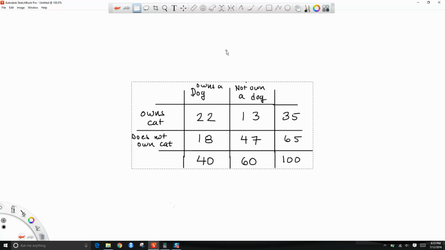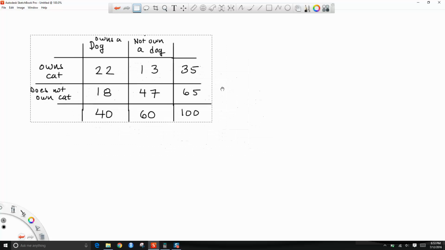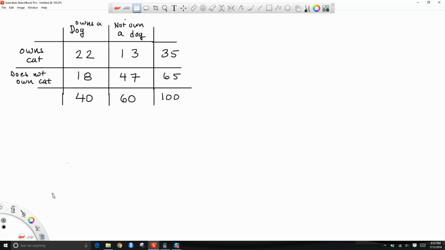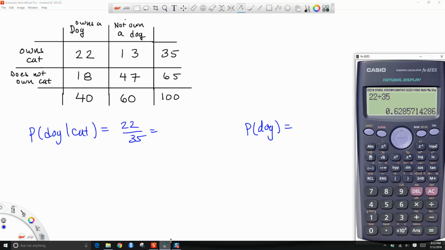So to check, what is the probability of dog given cat? And what is the probability of dog? Dog given cat, we did 22 over 35, and we got 0.629.